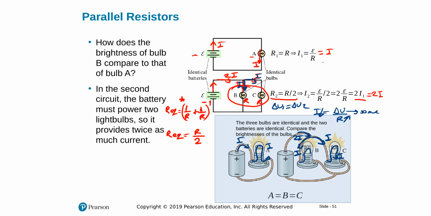They will have I passing through them, and the power is the same: power is equal to I squared R. That defines brightness. They will all have the same brightness. So that's a parallel circuit.